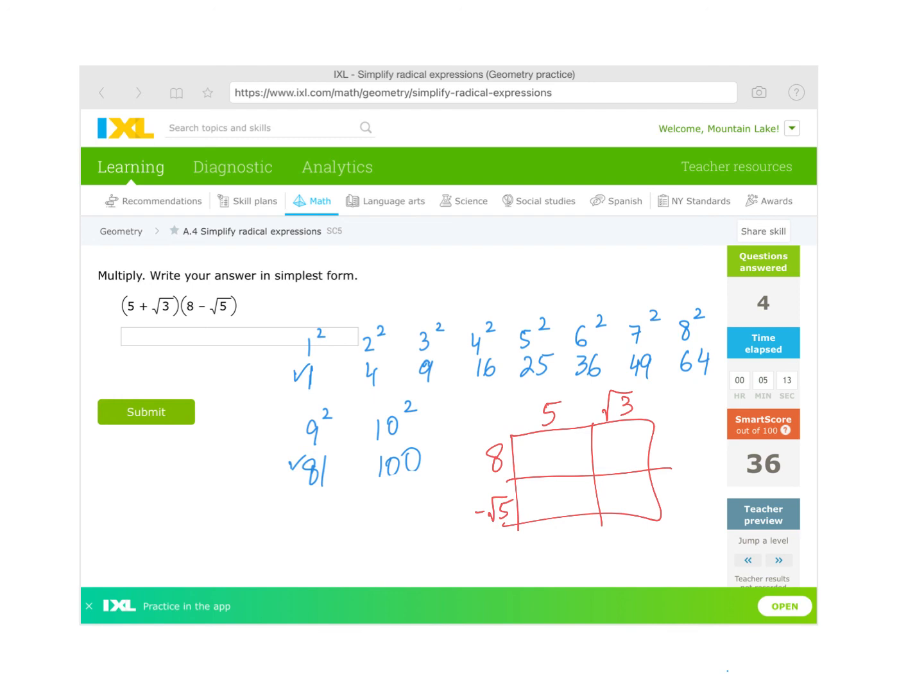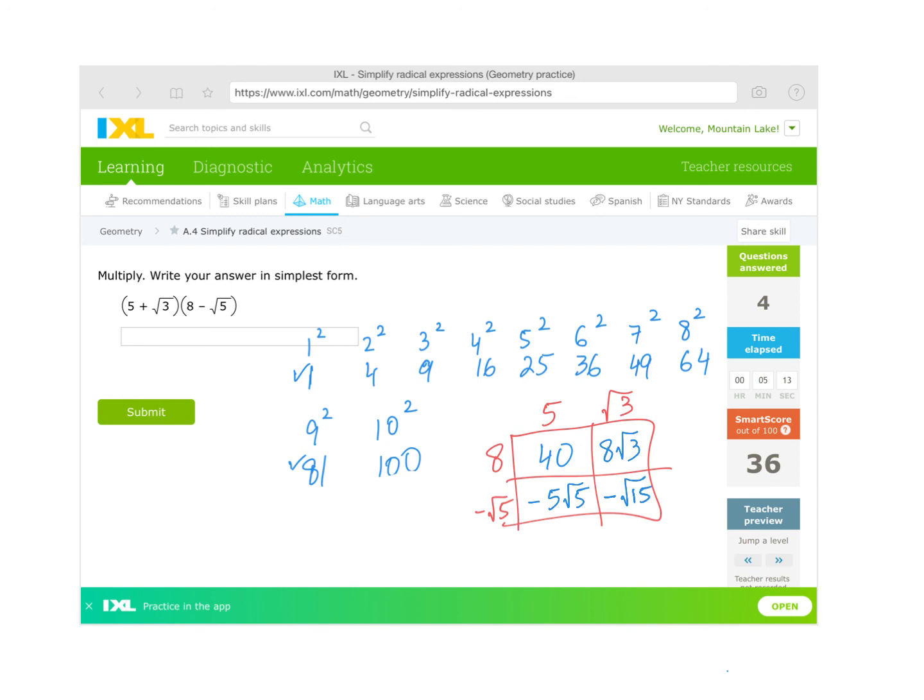So 8 times 5 is 40. 8 times square root 3 is 8 square root 3. 5 times negative 5 is negative 5 times square root 5. And then 8 times negative square root 5 times negative of square root 3 is negative of square root 15.